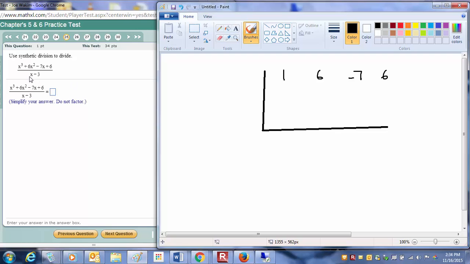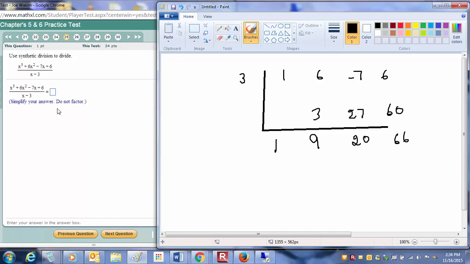Since we're dividing by x minus 3, we change it to plus 3. Bring down the 1. 3 times 1 is 3. Add. 6 plus 3 is 9. 3 times 9, 27. Add. This would be 20. And 3 times 20 is 60. Add. This would be 66. So we end up with a remainder here.